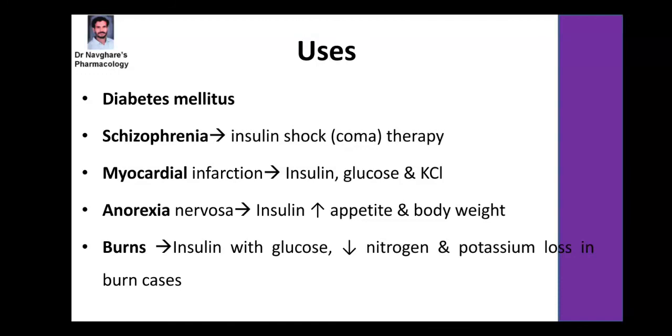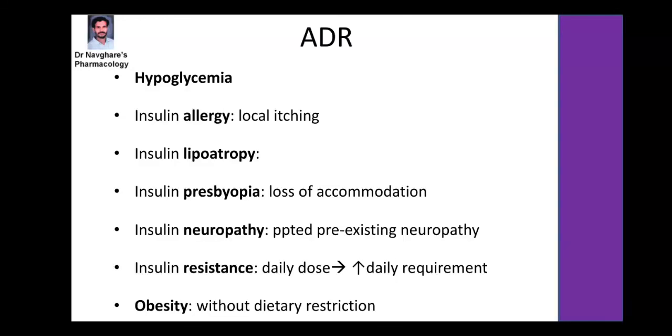Also in the treatment of anorexia, insulin increases appetite and body weight. And in burn conditions, insulin with glucose reduces potassium loss. So these are the uses of insulin.